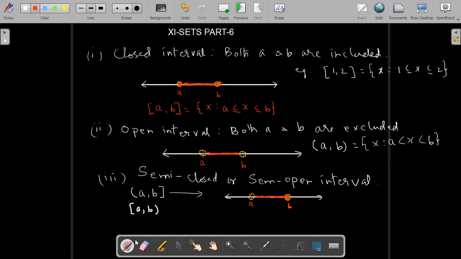Similarly, if you have another one, this is the opposite of that one. This is the opposite of the other one. How to represent this?